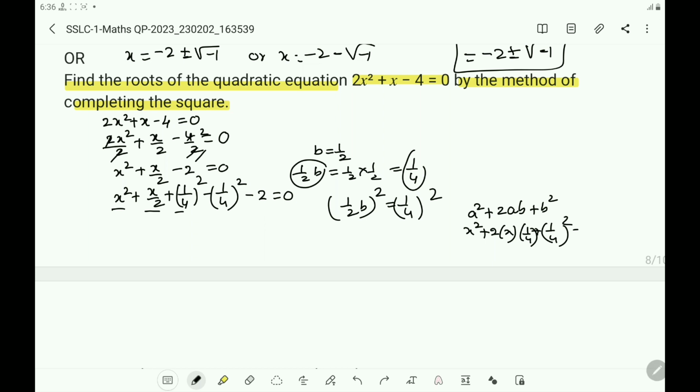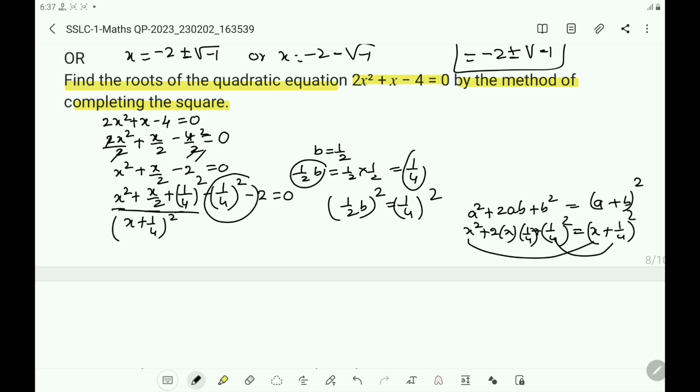So which is equals to, this is x plus 1 by 4 whole square. Means you got, this is a is x, b is 1 by 4, a plus b whole square. Then you can write x square plus x by 2 plus 1 by 4 whole square as x plus 1 by 4 whole square.